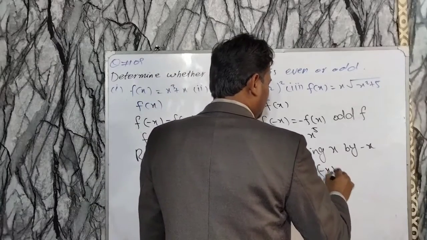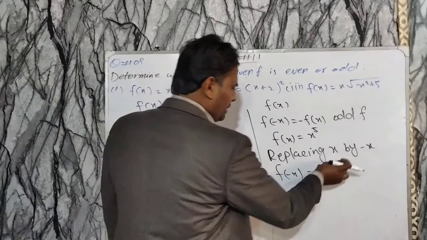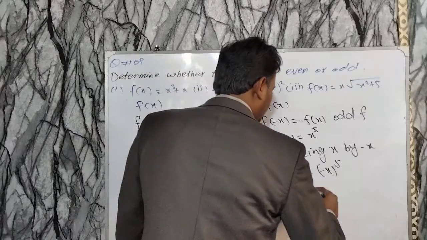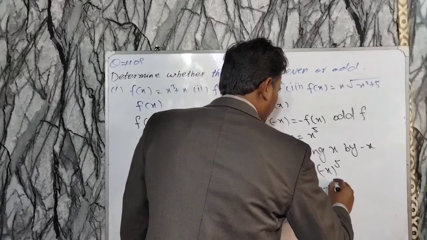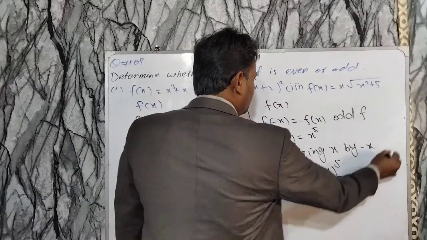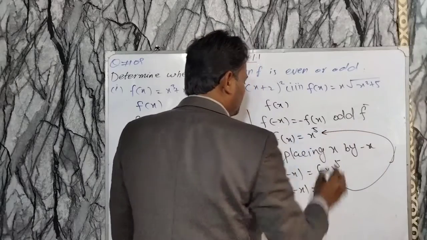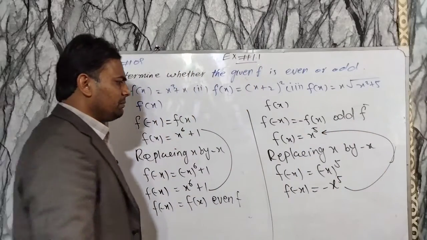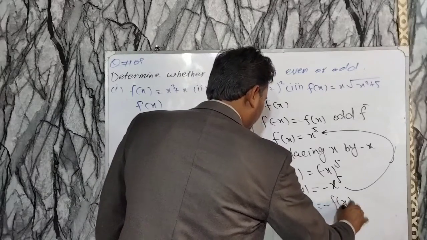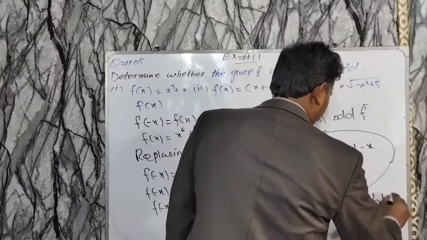After replacing x by negative x, we know that if the exponent is an odd integer, then the sign does not change. It will be negative f of x. Now look at this one. We have the same function which was in our first form. In this form, f of negative x is equal to negative f of x, so this function is said to be an odd function.